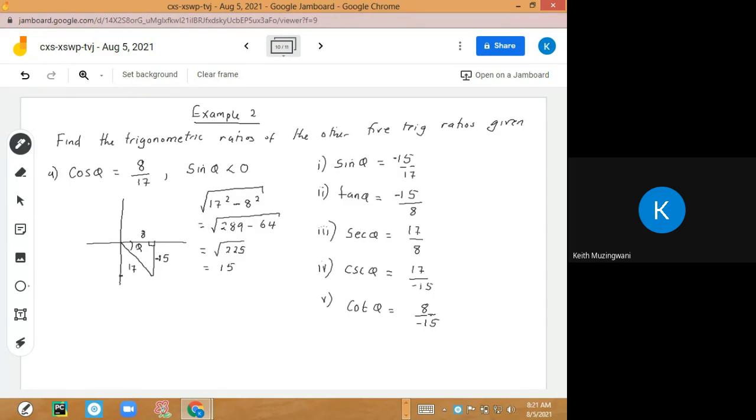So this is showing us that when cos is positive, for sure sec will be positive. That's the meaning of the question, and not the other side. The other side falls in trying to find sine, tan, sec, cosec, cot.